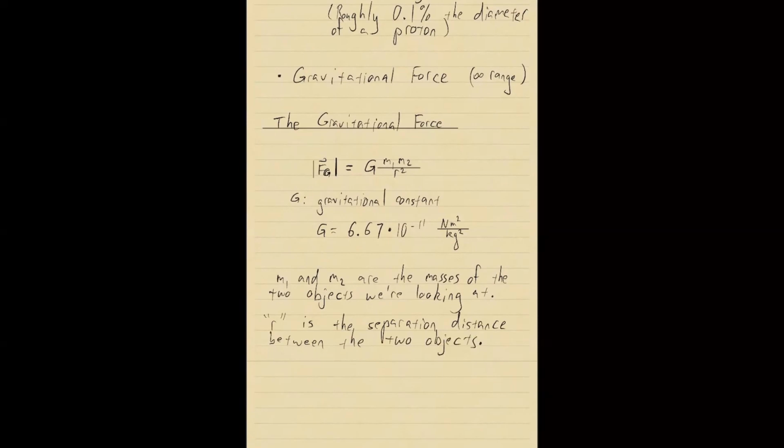Last but not least, the gravitational force is attractive, which means the objects are pulled towards one another with a force of magnitude F sub G. So this tells us how strong the gravitational force is between two objects.